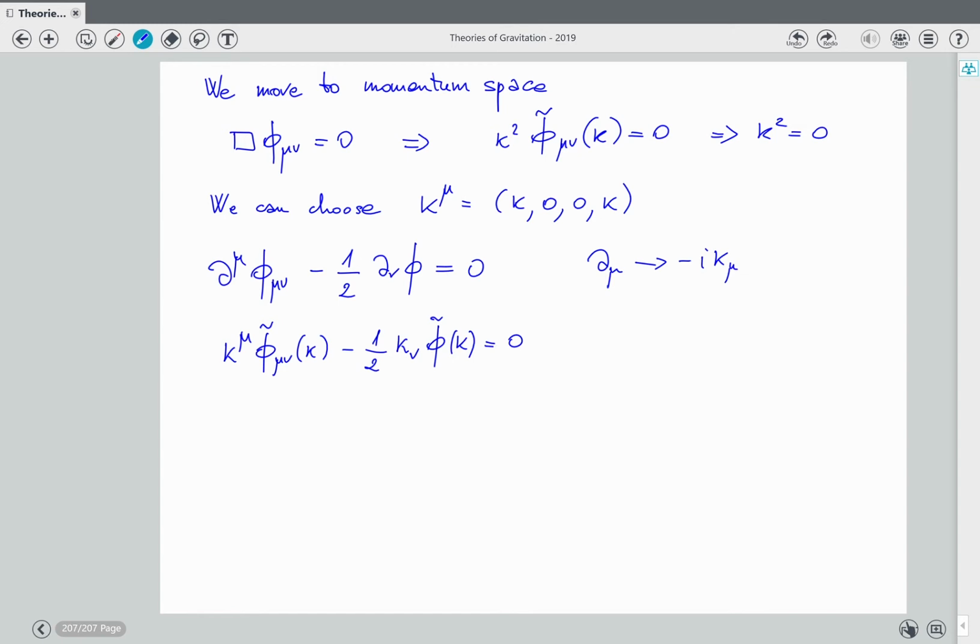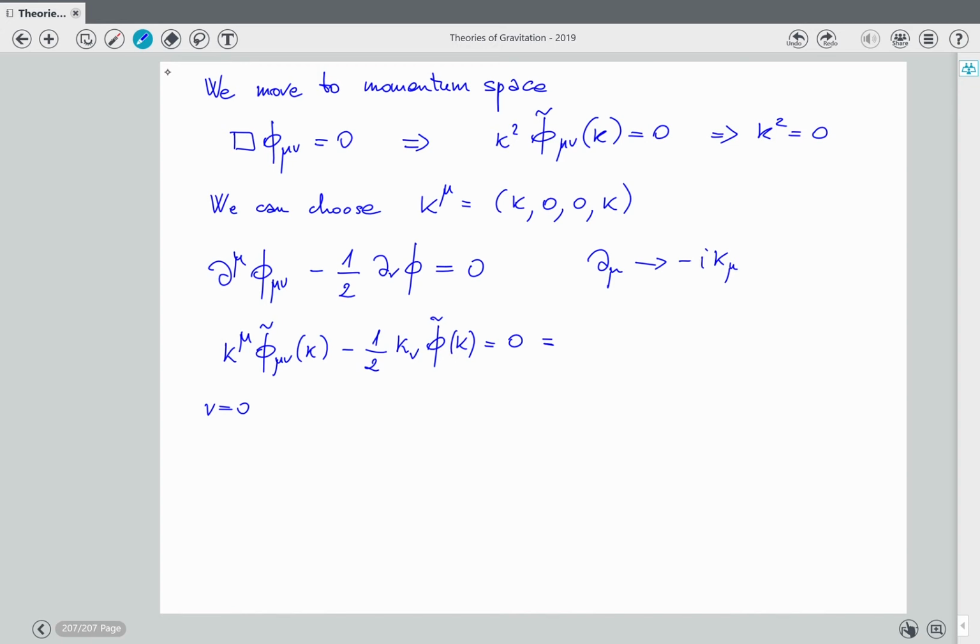Now we solve this condition with that k, and we will see that many components of phi mu nu are set to 0 by this condition, and the one which will survive will be the helicities. Let's see what happens. Here we have 4 conditions. Let's see what happens with nu equals 0. Here you see you have a contraction, mu and mu.